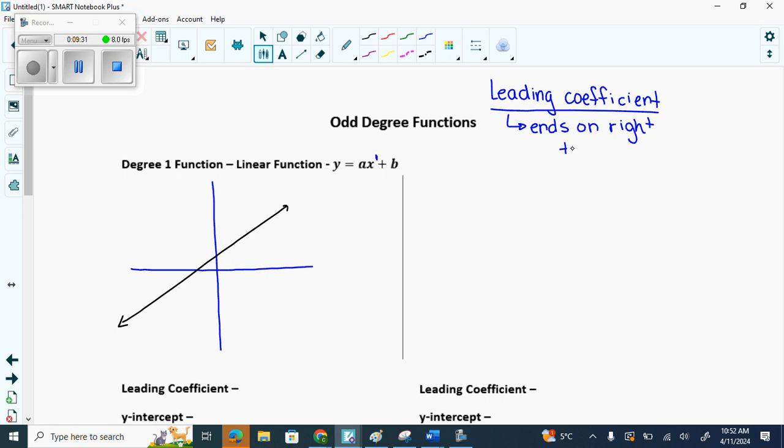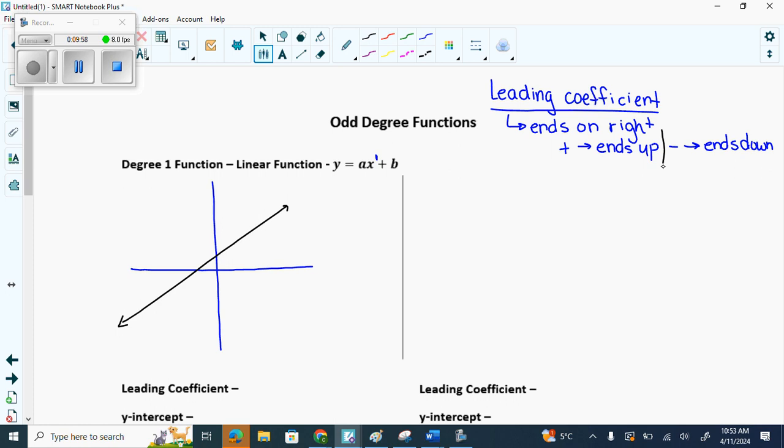If it's positive, it ends up. If it's negative, it ends down. Okay?